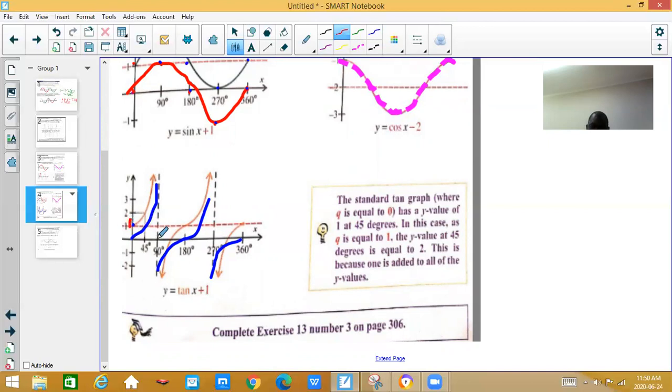All points have been shifted, but the lines of asymptotes, they maintain. This one where it was cutting at 180, it has shifted 2 units upwards. This one, not 2 units, 1 unit upwards to get that. Are we clear there?